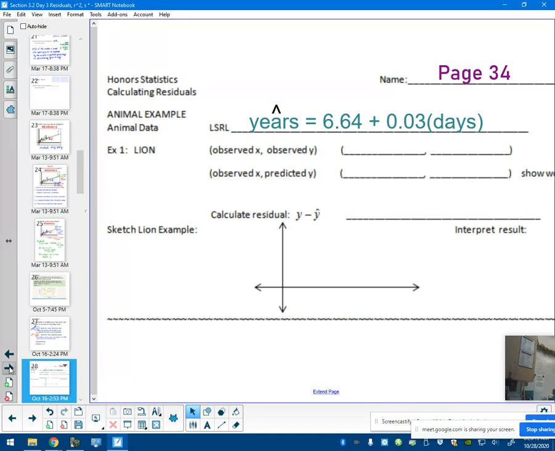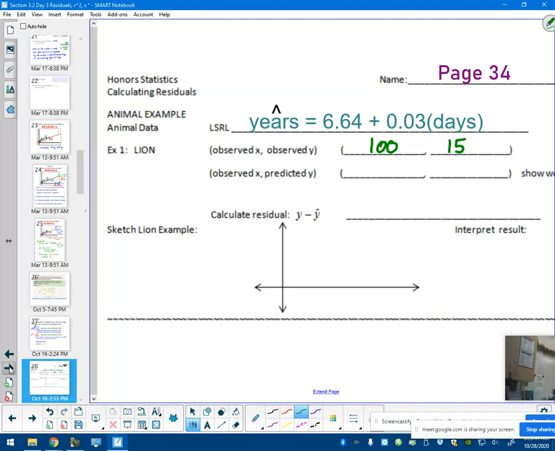Okay, so for the lion, what was the actual lion's gestation? I think it was 100, if I remember correctly. That's why we picked it the other day. And the lion's supposed to live for 15 years, right? I believe that's what page 23 tells us. Yep, 100, 15.